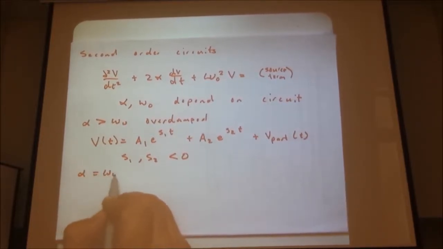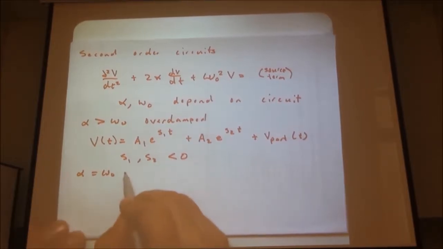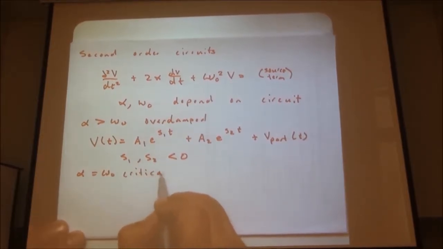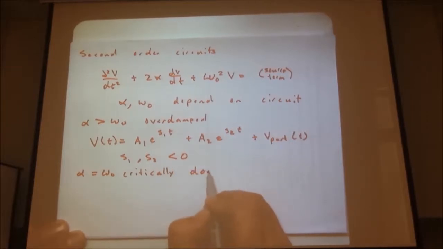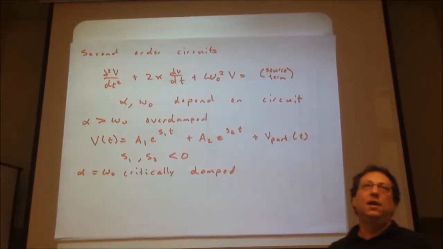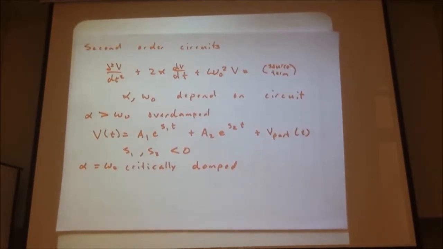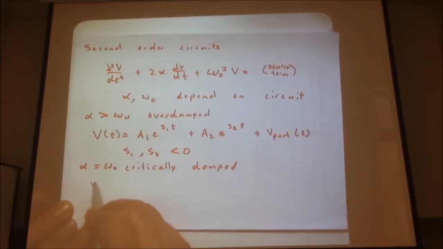And then we have this kind of special case, alpha equals omega naught. We call this critically damped. And we talked about this a bit in the last class. What this really is, is the boundary between overdamped and underdamped. It doesn't really exist, but because it gives us more math problems, we take advantage of it. And so our form looks something like this.